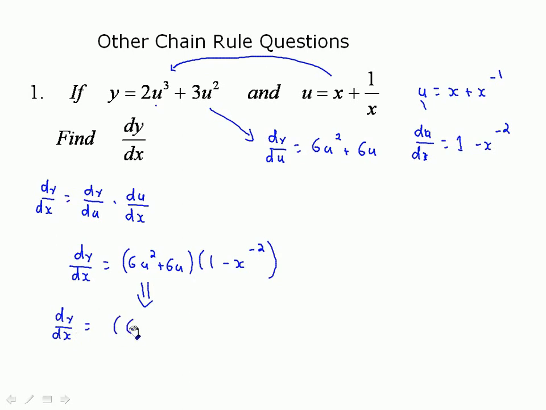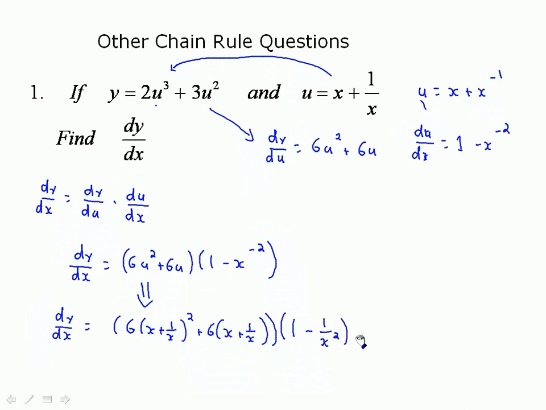So we replace the u with what it's equal to in x, so that would be x plus 1 over x squared plus 6 times x plus 1 over x, and this would be multiplied by 1 minus x to the negative 2. I'll write that as 1 over x squared.